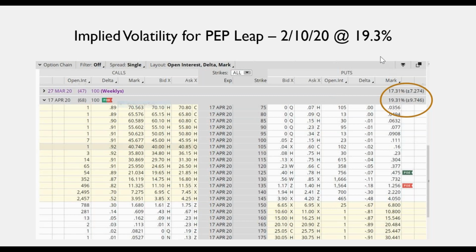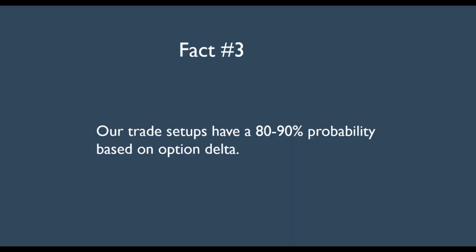Historical 15, implied 19.3. These premiums that we have down here out of the money are based on time value, and they are inflated due to this fact. That is our advantage number 2.